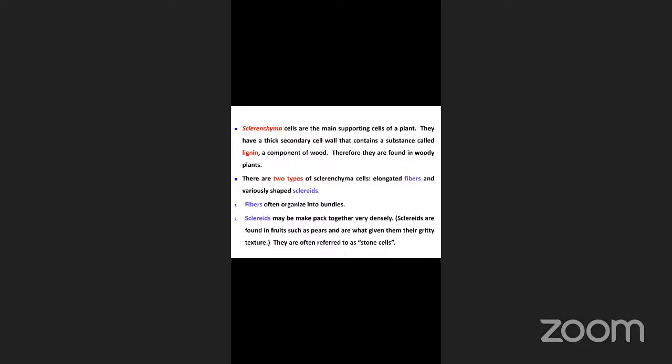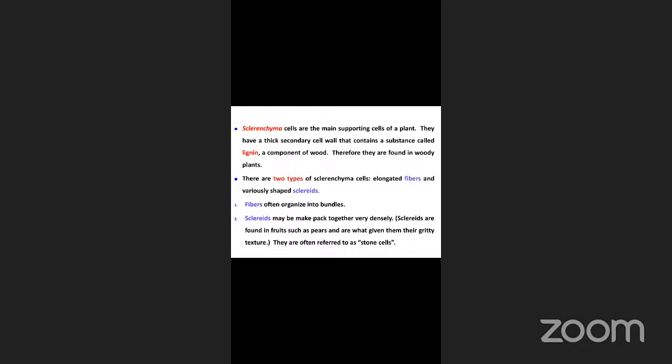Fibers are very important economically in the plant kingdom. Fibers are much elongated cells showing a narrow lumen and thick secondary walls.